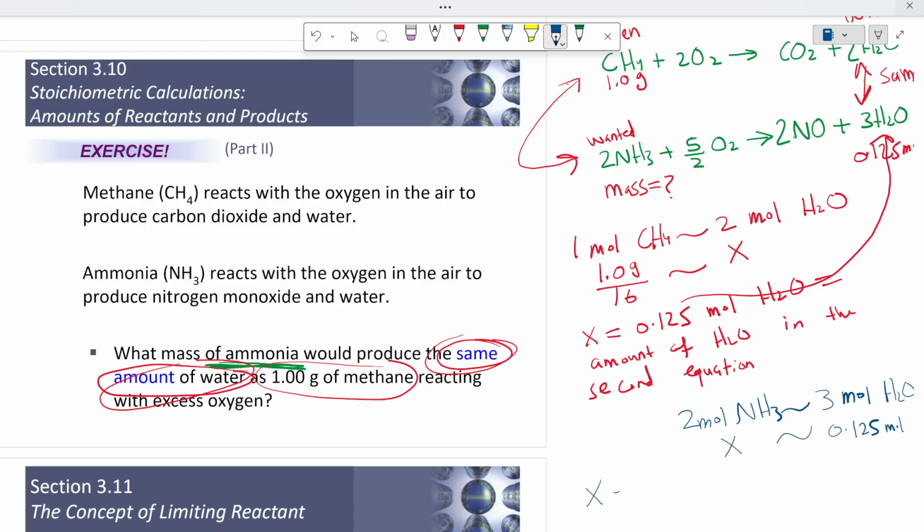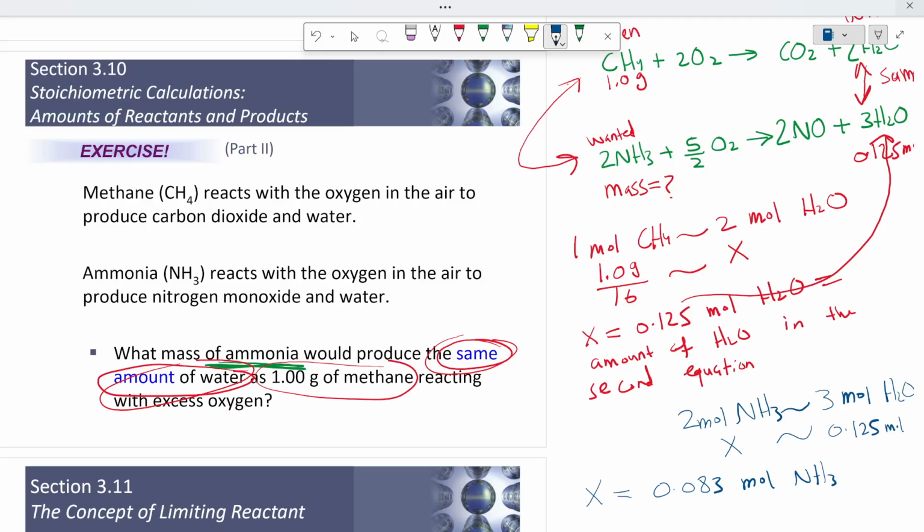By cross multiplication, x equals 2 times 0.125, which is 0.25, over 3, equals 0.083 mole of ammonia. This is not the final answer.